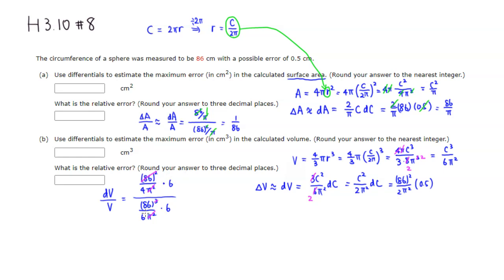That way we can cancel 6's here, and then you can cancel 4 and 2, so 4 becomes 2, 6 becomes 3. So 3 is going to be on top, and 2 is going to be on the bottom, and 86 is going to be on the bottom too. So we're going to have 3 divided by 2 times 86.